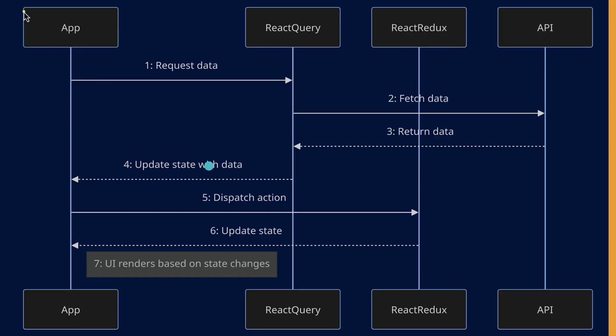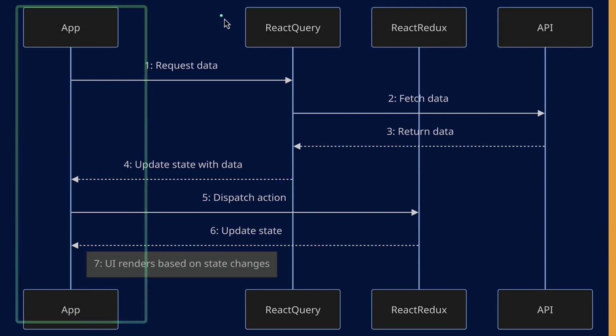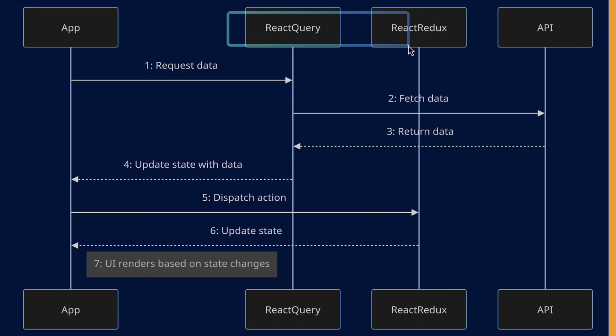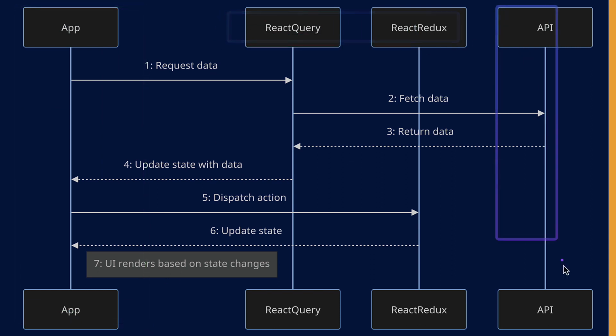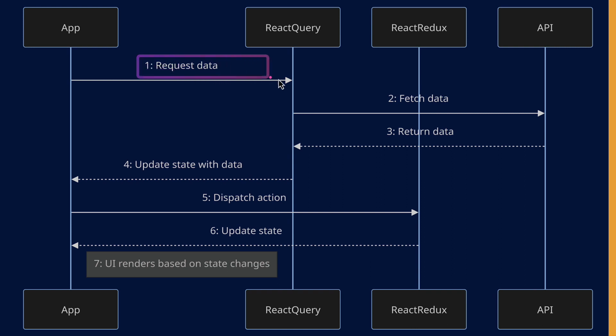We have our React application, React Query, React Redux, and our server. Step 1 is that we will make a request from our React application, and that request will be sent to React Query to make a request to our API.